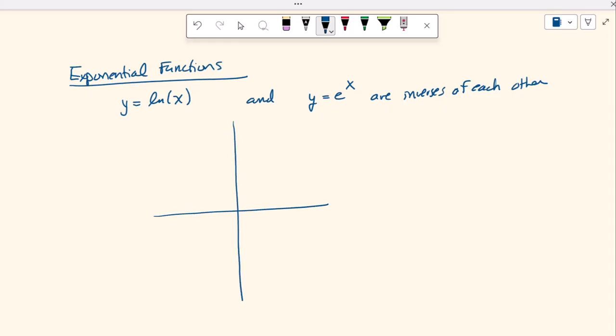So we already know about the natural log. So if we had y equal natural log of x, and then I looked at my input and output, my domain and my range, the natural log of 1 would be 0, and the natural log of e would be 1. So let's go ahead and plot those points.